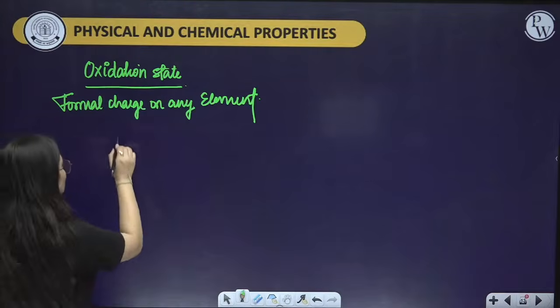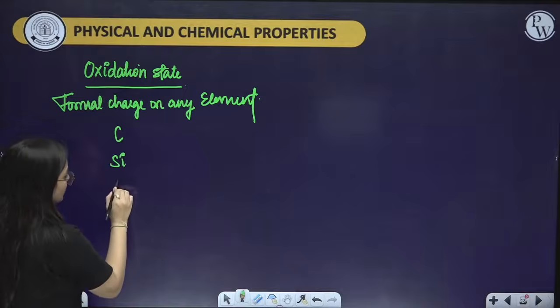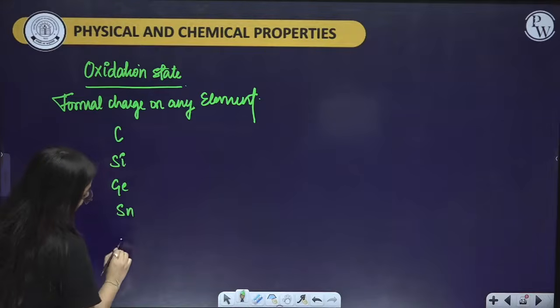Now let me talk about the carbon family. It's carbon, silicon, germanium, tin and lead.